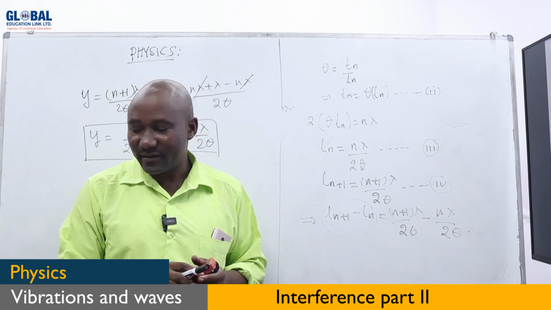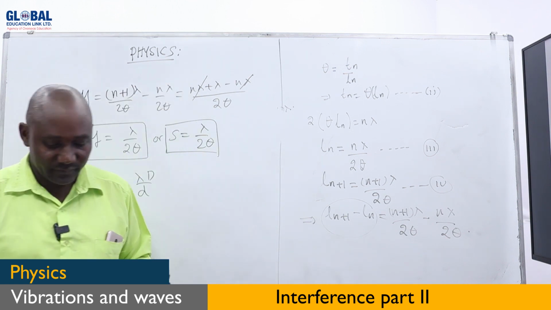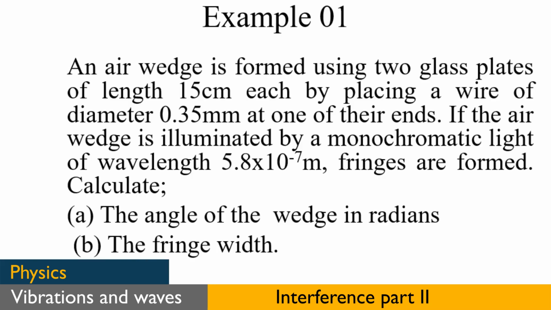Now, let's see the question. Example 1 is talking about the air wedge. We have an air wedge formed using 2 glass plates. The lengths of the plates are equal, which means 15 centimeters each. The way they are made, they place a wire in between the two plates, with a given diameter.